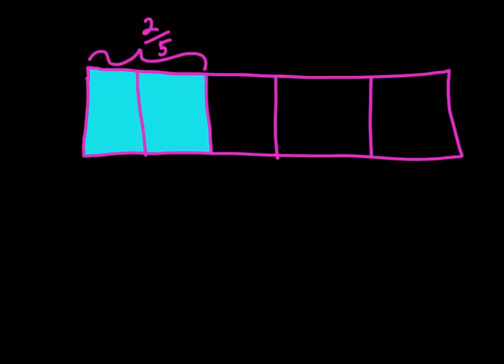Our next one is using an area model and shows 2 fifths are colored in. So 2 boxes are colored in out of 5, so 2/5. But let's just say that we decide to cut this in half. What do we have now?